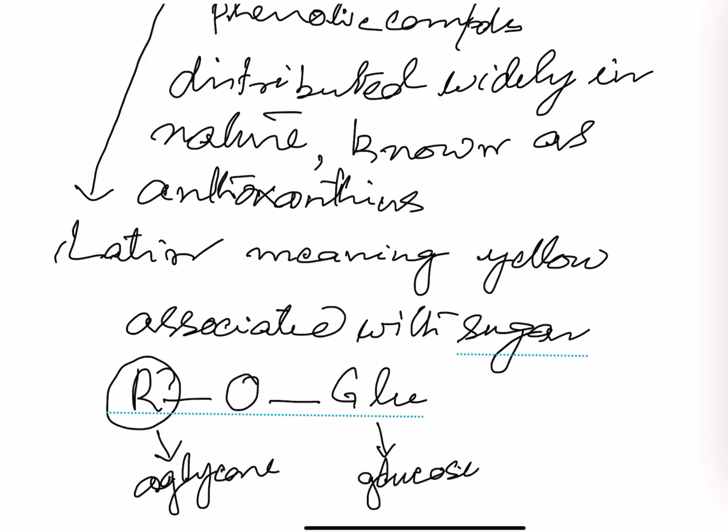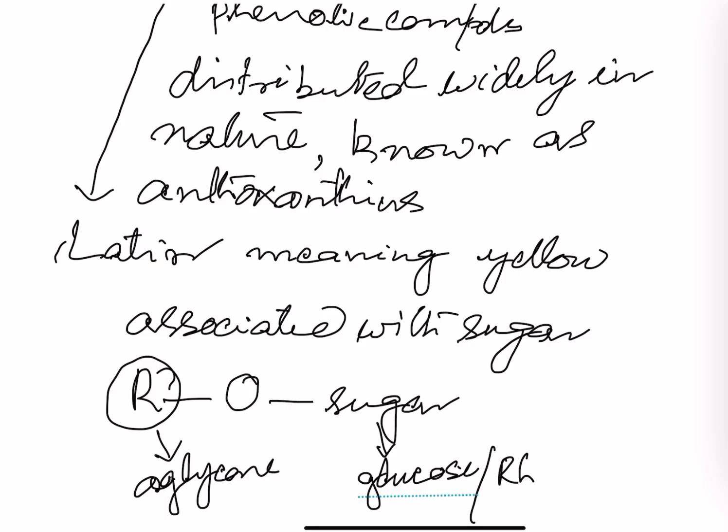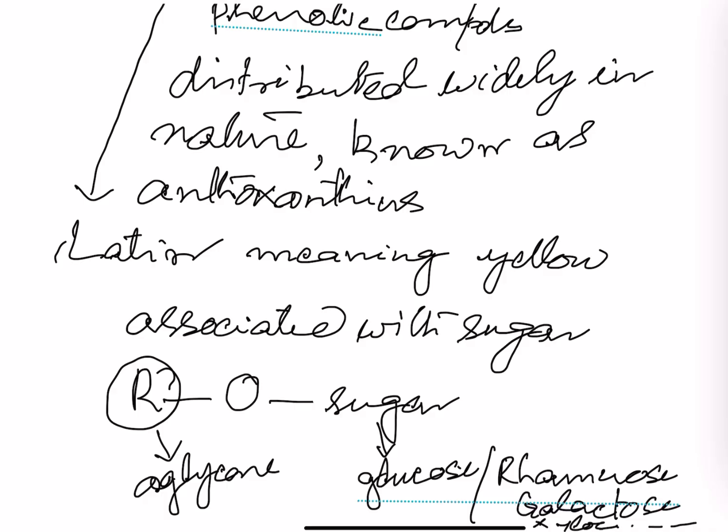The sugar can be anything else also: glucose, rhamnose, galactose, xylose, arabinose, and so on. When it is associated with the sugar, then it is called a glycoside.